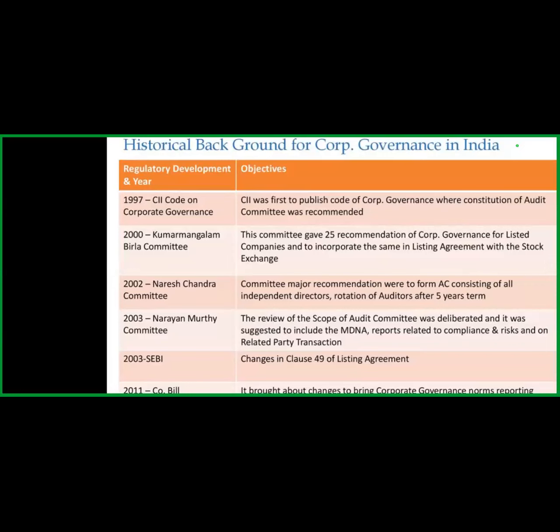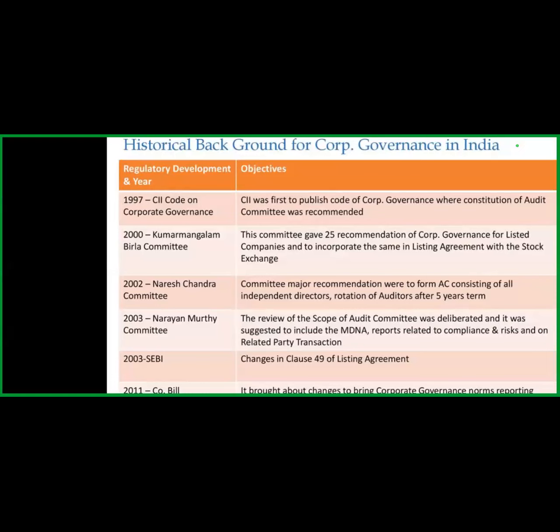What do you mean by LPG? It is not liquefied petroleum gas. Very important: liberalization, privatization, and globalization. Very good. So LPG is liberalization, privatization, and globalization.